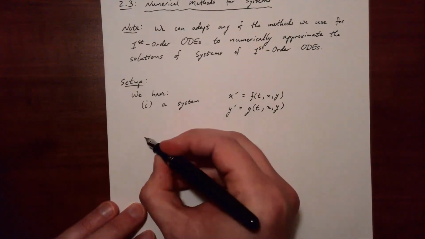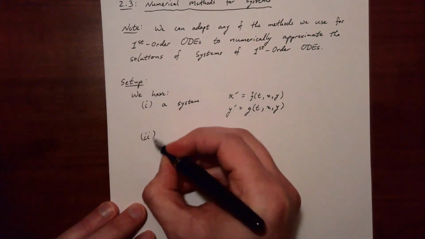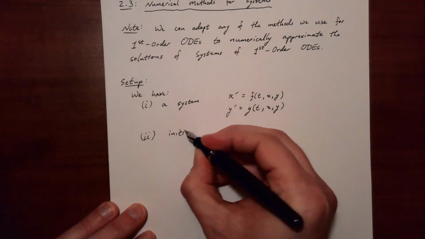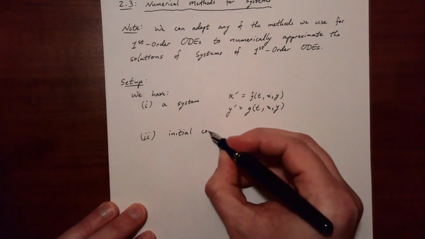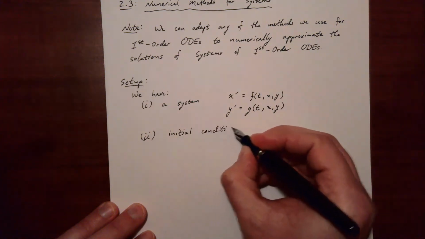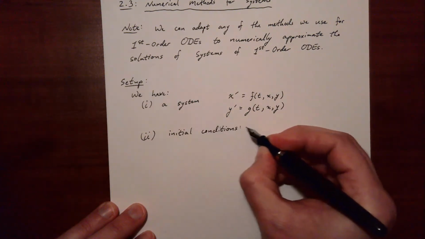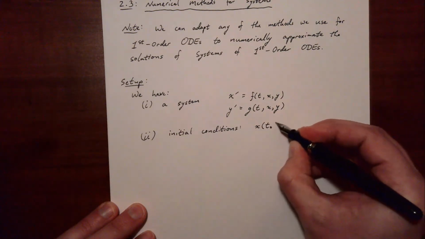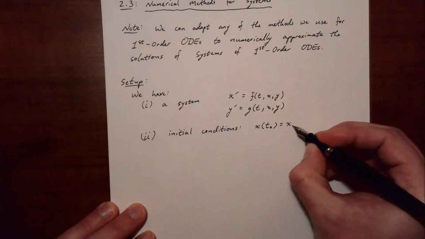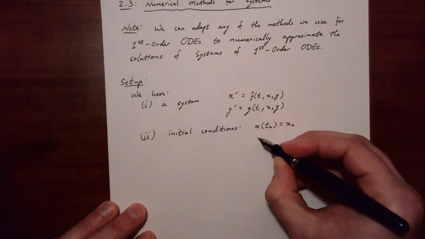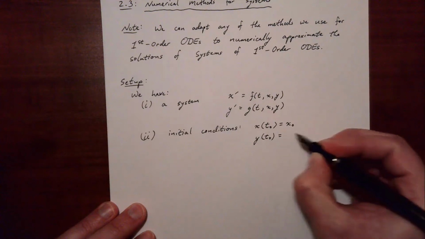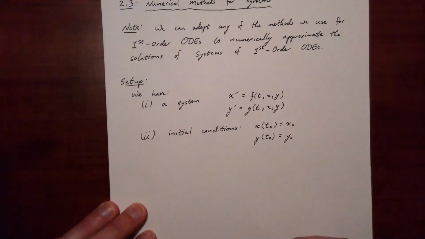All right, 2. We need to have initial conditions. So x of some initial t value is equal to some initial x value, and y of some initial t value is equal to just some y value.